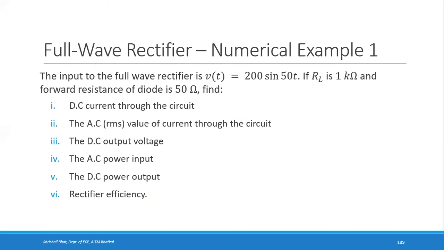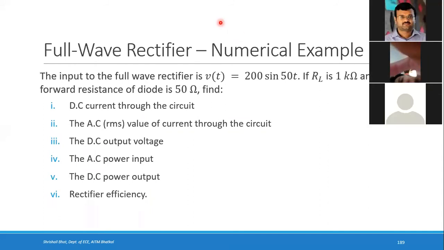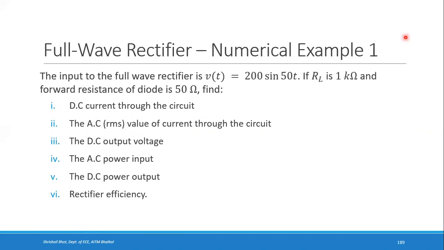If RL is 1 kilo ohms and forward resistance of diode is 50 ohms, find the DC current through the circuit, the AC or RMS value of current through the circuit, then the DC output voltage, AC power input, DC power output, and rectifier efficiency. So these are the things you are given and you are asked to find.